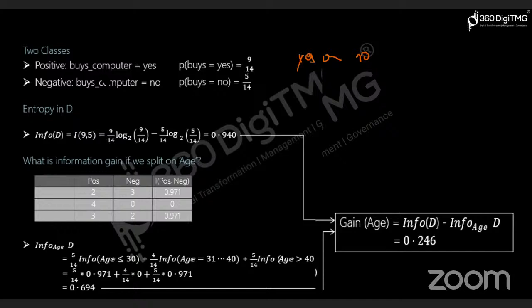If they are buying, yes, then the probability is 9/14. If they are not buying, no, then the probability is 5/14. Then we calculate the initial information gain.